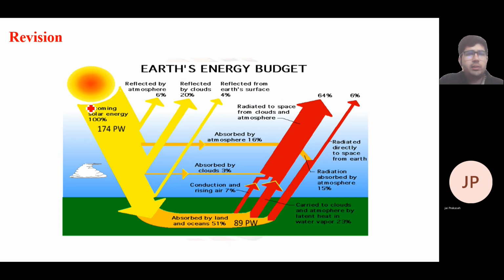This was the energy budget covered in last class. We have some incoming energy, but due to the atmosphere, the clouds, and the Earth's surface, some energy is reflected and some is absorbed. Greenhouse gases also play an important role in it, but also a harmful role. We have covered all those aspects.